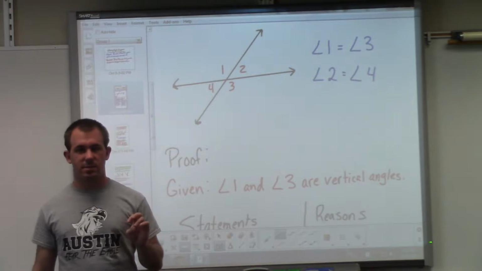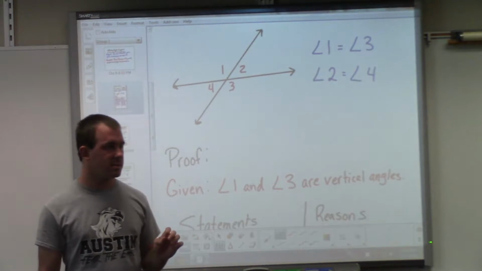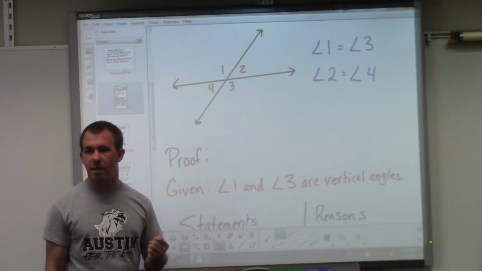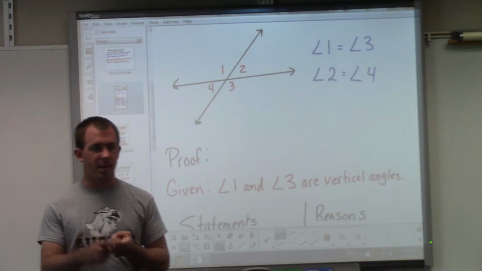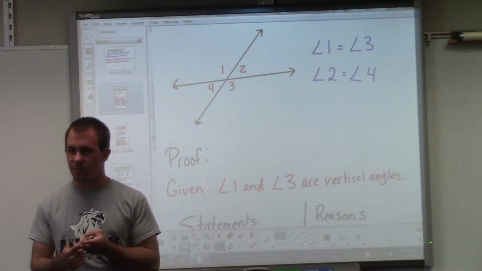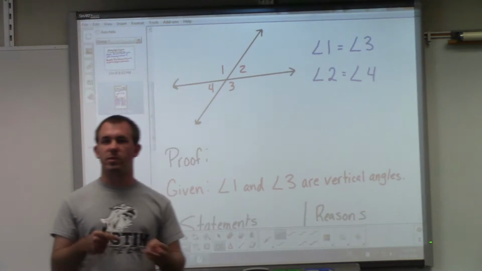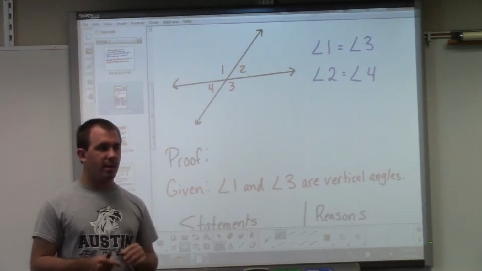Remember we had 7 or 8 postulates before the first test? Well, we're going to have to take a step back and look at some of those sometimes to help us out. Because our reasons can be anything from definitions, to properties of equality and congruence, to postulates, to theorems we have previously learned. Any of those.